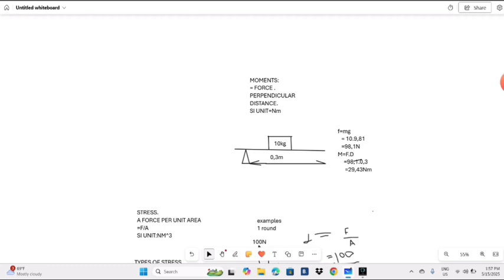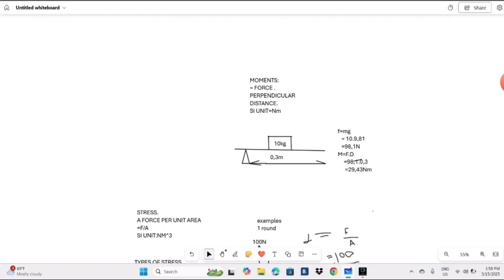In this example, we are given that the mass of an object is 10 kg, and the distance between a pivot and an object is 0.3 meters, and we are required to calculate moments. The first thing that we have to do is to calculate the force, which is calculated as mass times gravitational acceleration, and gravitational acceleration is always constant, it is 9.81.